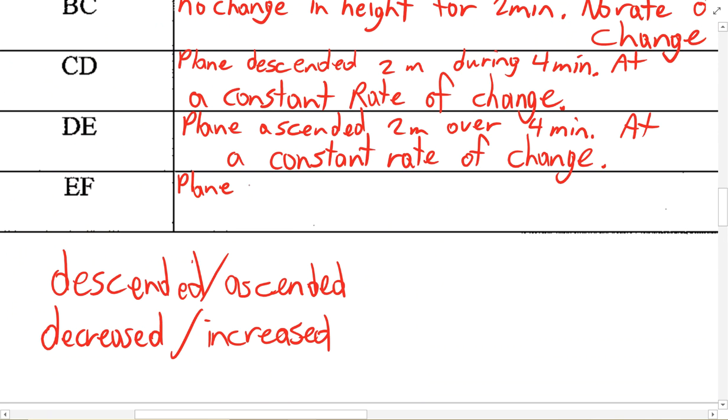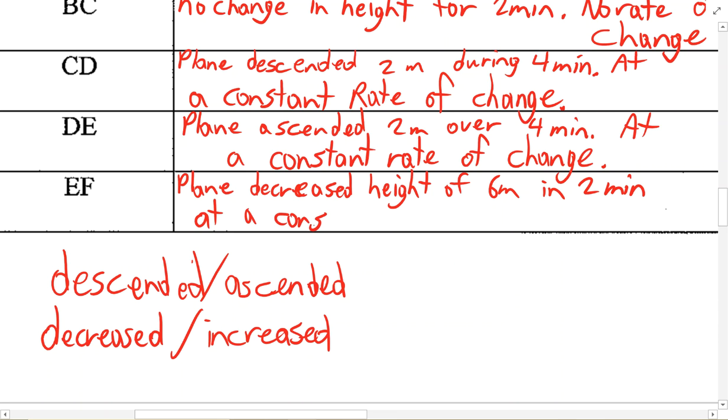Plane decreased the height, or descended, your choice. Decreased height of 6 meters in 2 minutes at a constant rate of change. And what else can we add? Well, we can add that the plane landed.